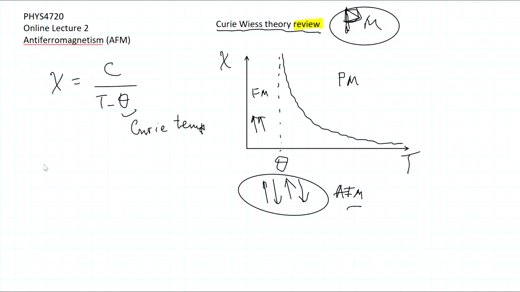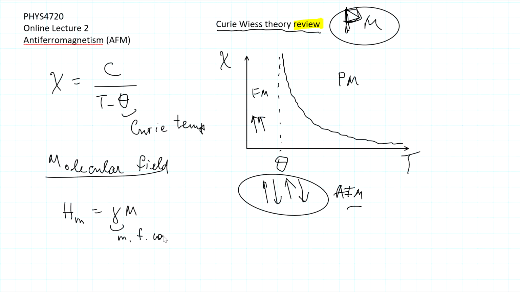So, if you look at the reasons why we have this Curie temperature, and what is this Curie temperature? As we discussed, there are certain magnetic interactions that result in a non-zero Curie temperature. And Weiss introduced a parameter called the molecular field, and I will be using H_M, and we introduced it as gamma M. Gamma is the molecular field constant.